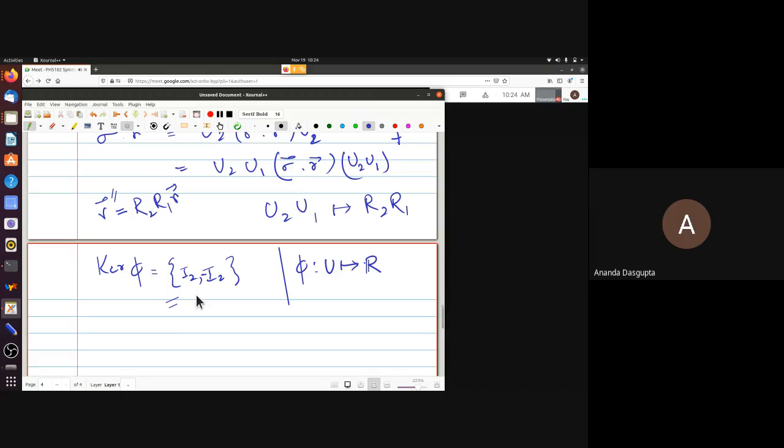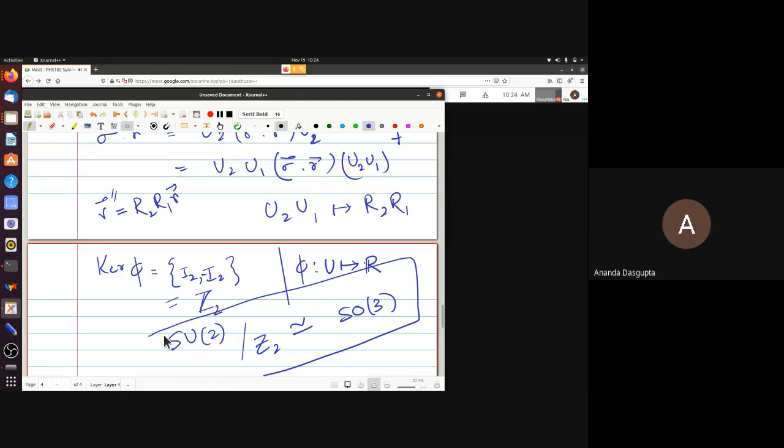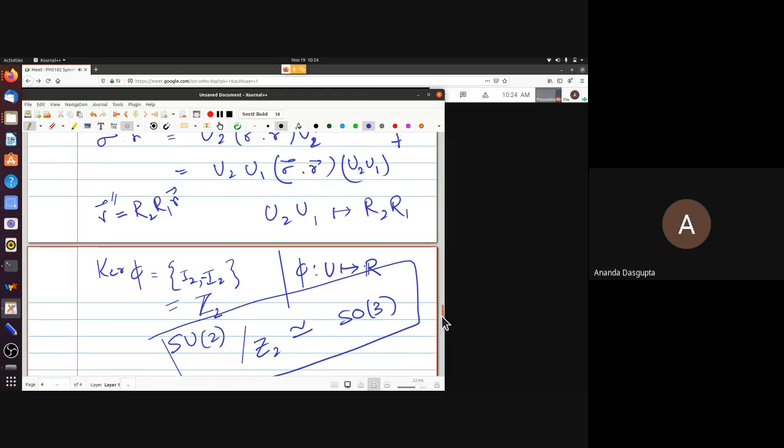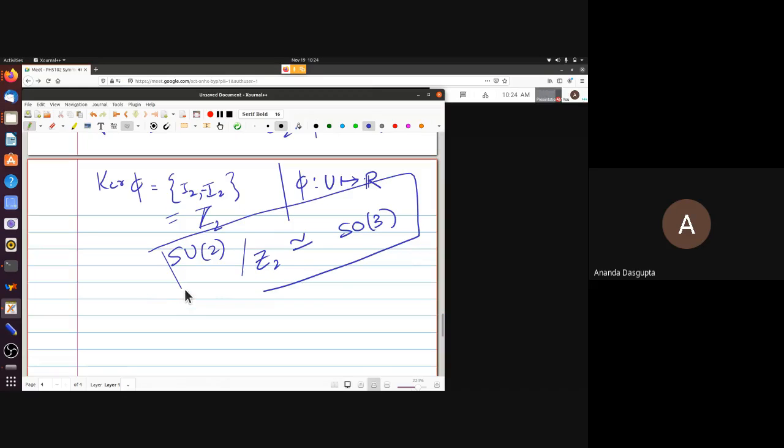Okay, this is of course isomorphic to the group Z2, right? Any two-element group is of course isomorphic to the group Z2, which is why you will often see this statement. So this is one of the most famous quotient groups or factor groups in all of mathematical physics.